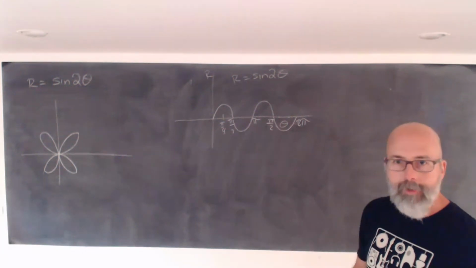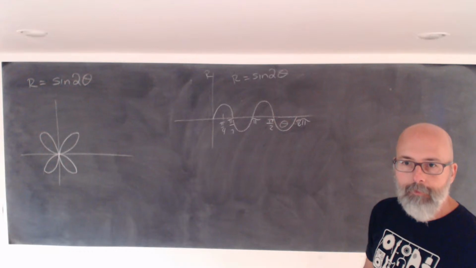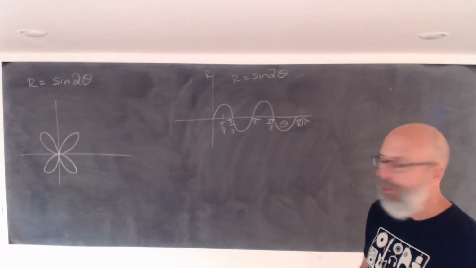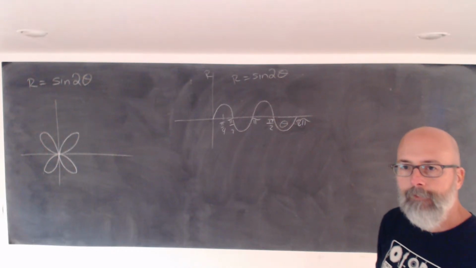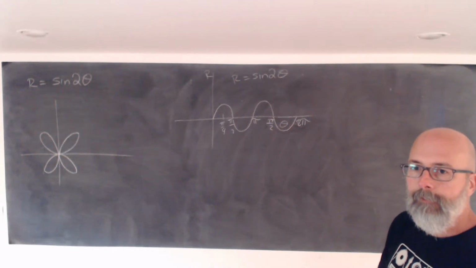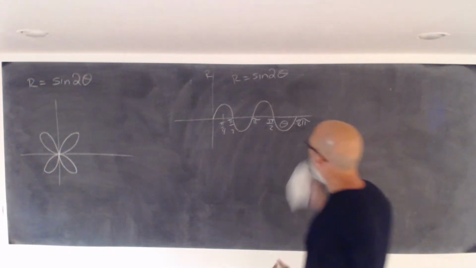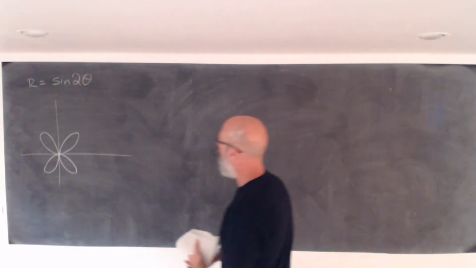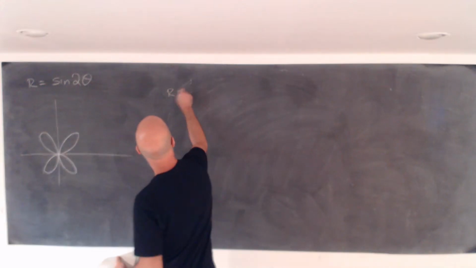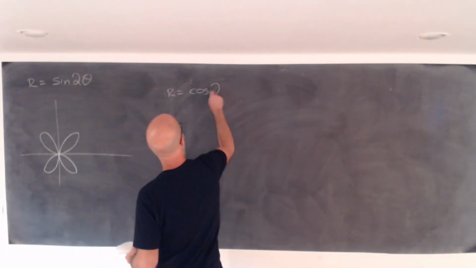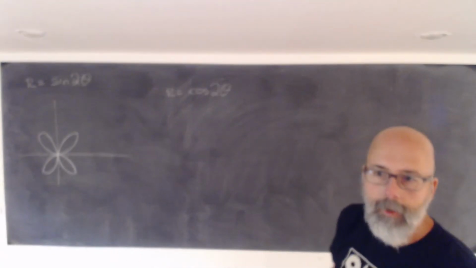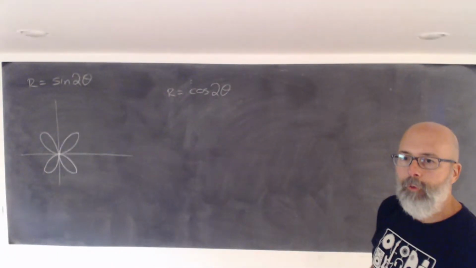In polar coordinates, r equals sine 2 theta. Easy to describe, easy to graph. Let's do one more, and then we'll move on.